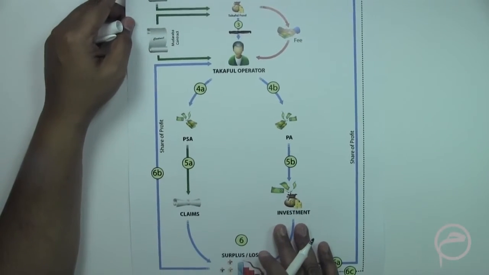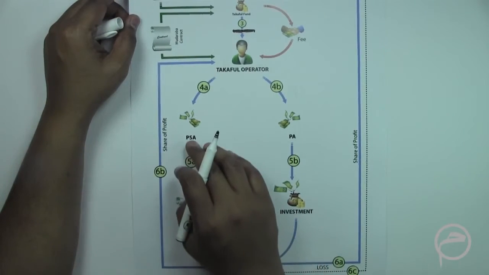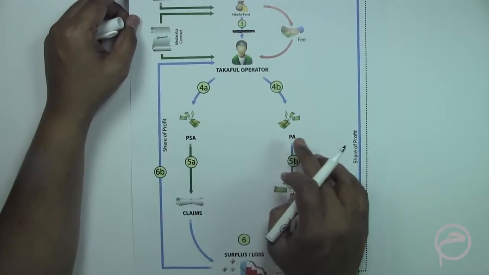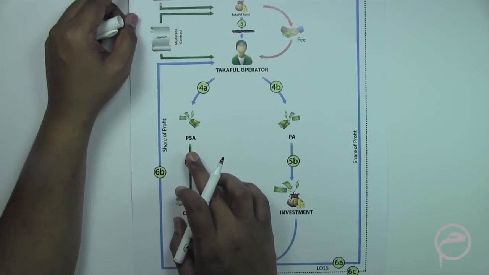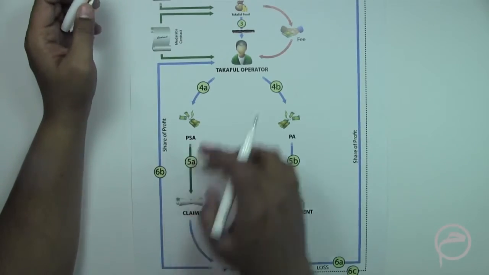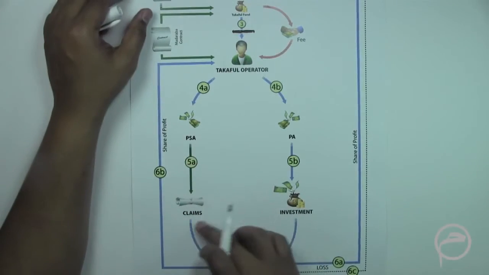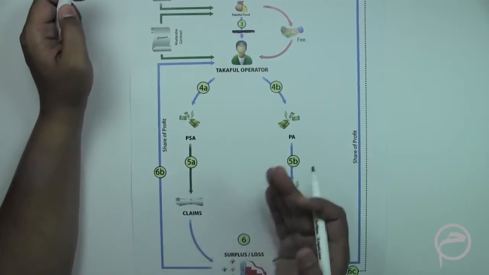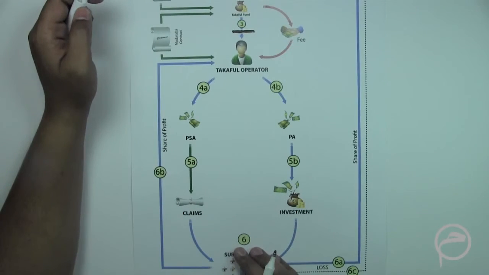In the case of the two accounts we have discussed, the participant special account and the participants account: in the participants special account, the total donation, which is the whole pool collected, minus the claims, minus the operation expenses, whatever remains goes to the surplus pool.